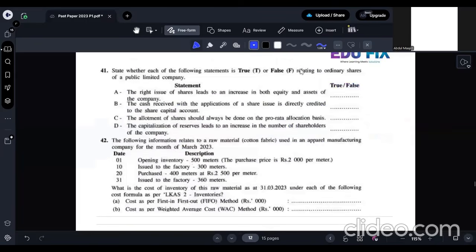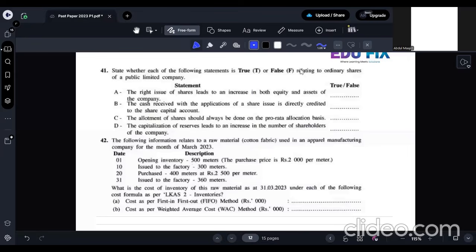State whether each of the following statement is true or false relating to ordinary share of public limited company. The right issue of share lead to an increase in both equity and asset. So when you provide right issue, you're getting cash, right? So on one hand, your equity, ordinary shares are increasing, and on the other hand, your cash is increasing.